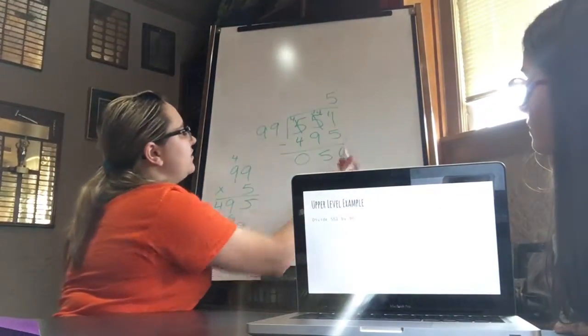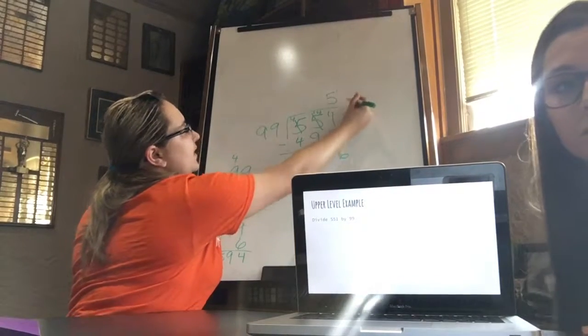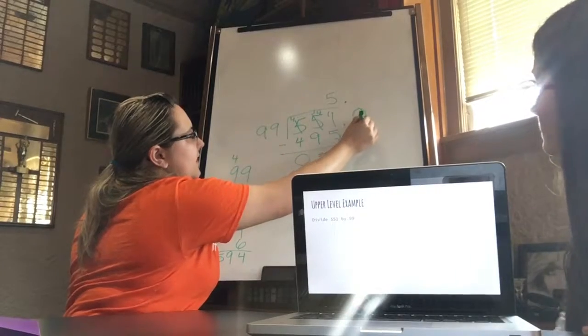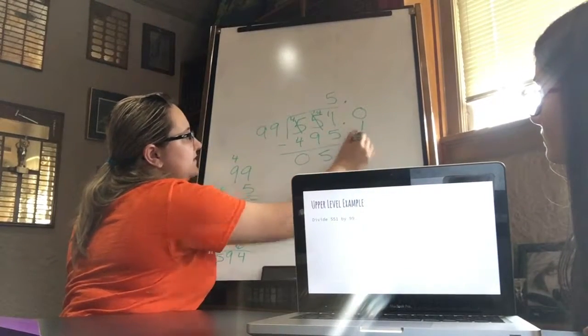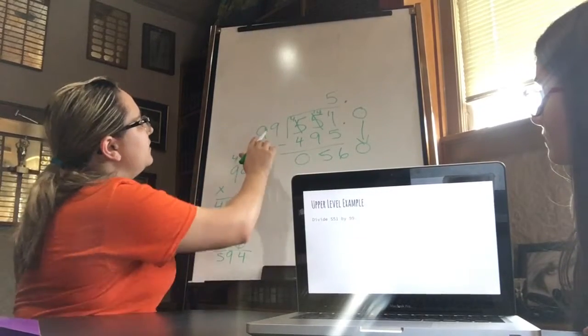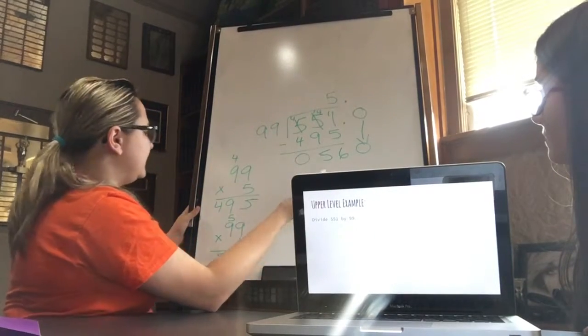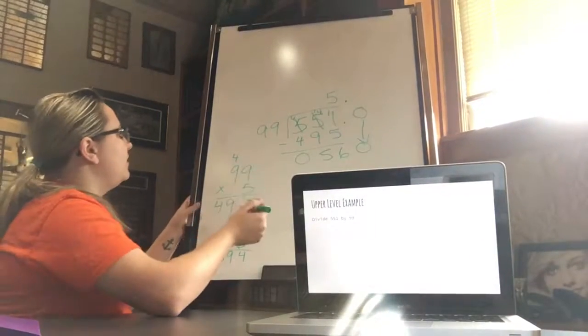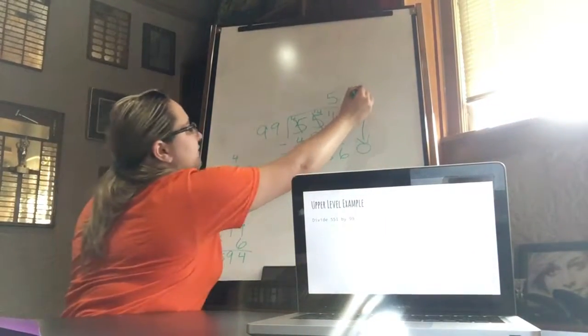So what we're going to do is add a decimal up here, and then we're going to add a 0, and then we're going to carry that 0 down to make this 560. So once again, 560 is in the middle of the 5 and 6 answers from 99. So we'll go ahead and do the 5 again.